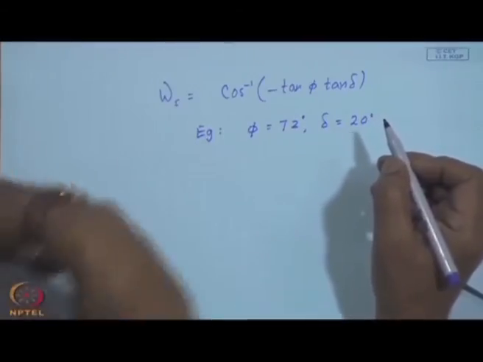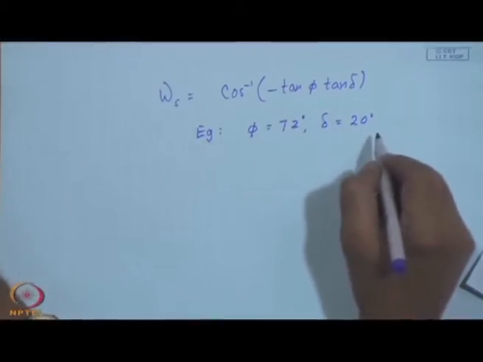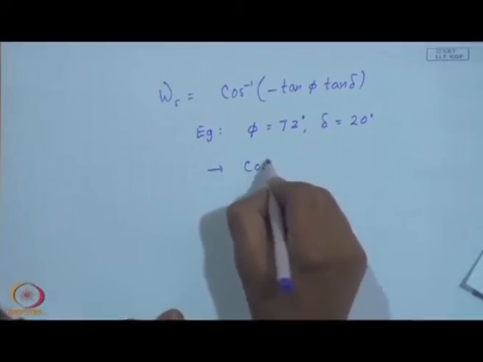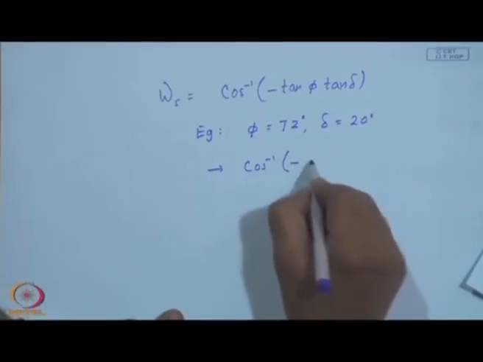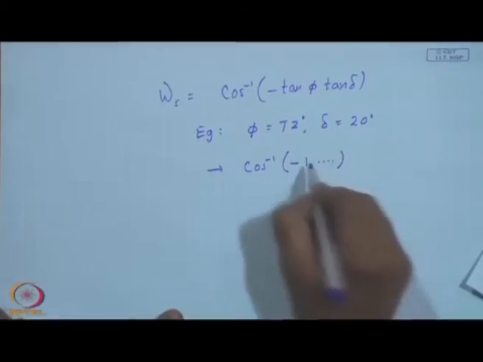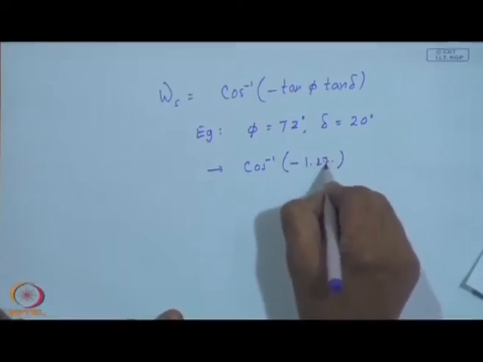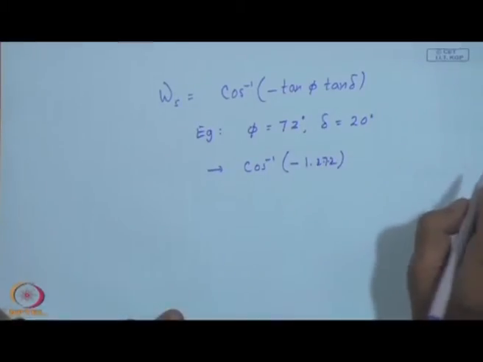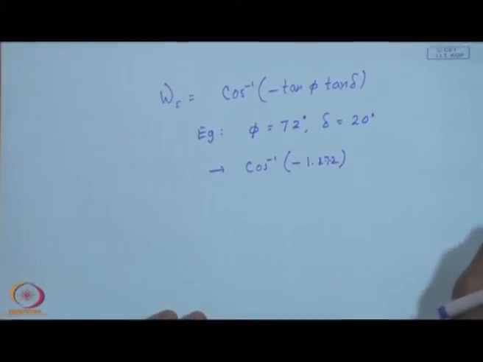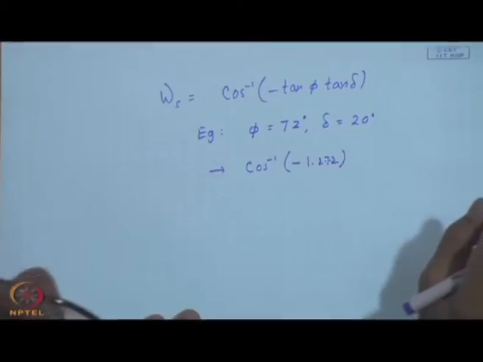Okay, high latitude and summer, higher declination. Obviously, I will have a cos inverse of minus something like 1.272. That 0.272 may not be correct, but I know it will be cos inverse of something less than minus 1.